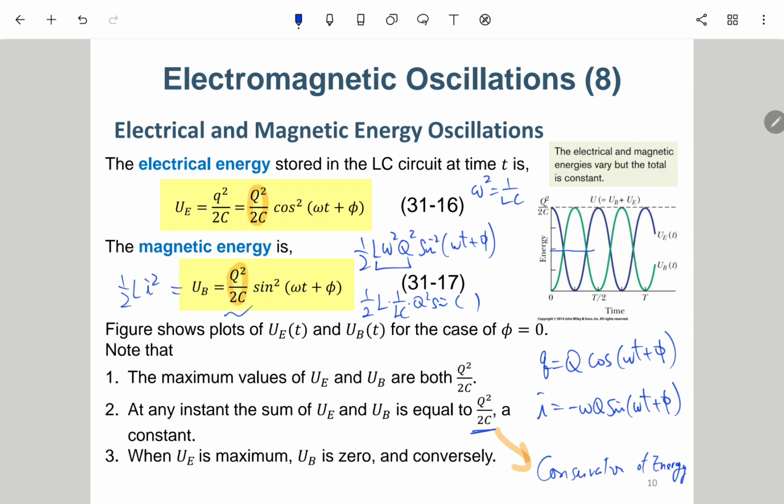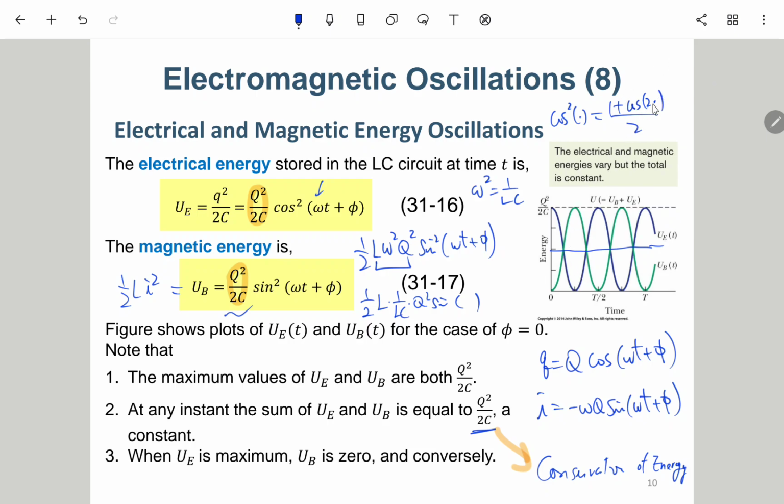So this is like half of the Q squared over 2C in between, because cosine squared of something is like half of 1 plus cosine of 2 times this stuff, and then sine squared will be 1 minus this stuff. So it is like a shifted version of the cosine.